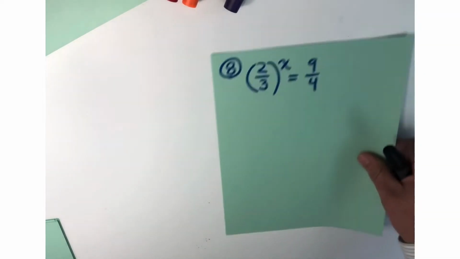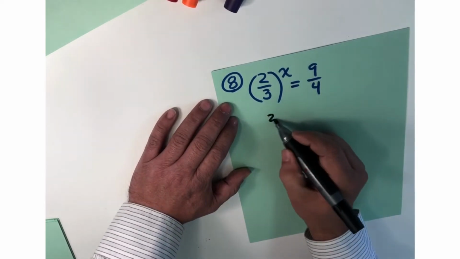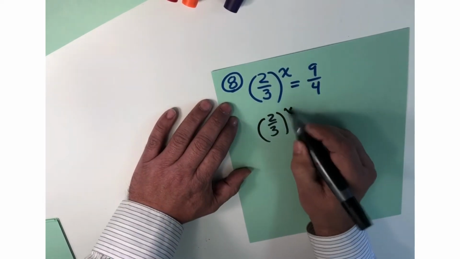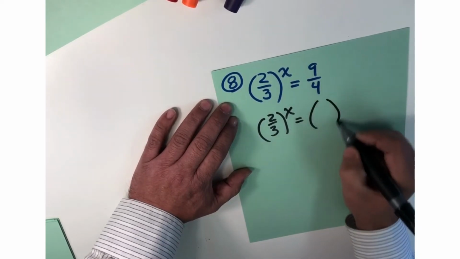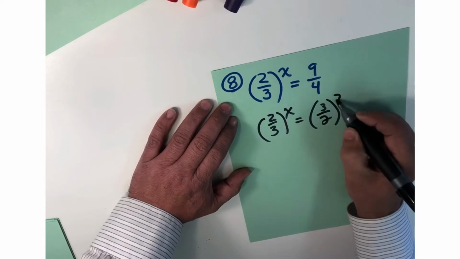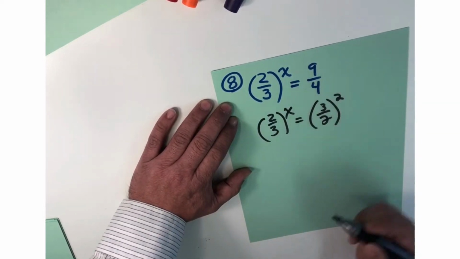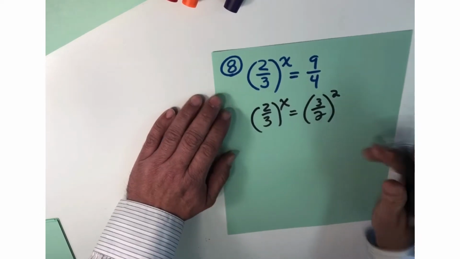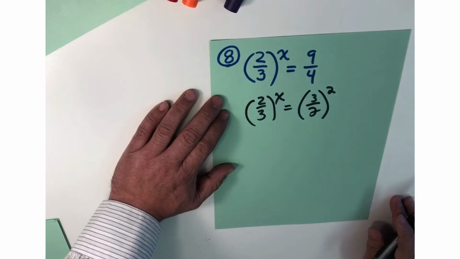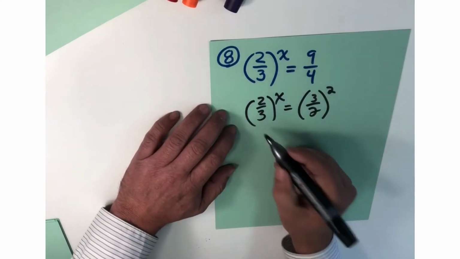Okay. One more, number 8 here, that has a fraction on it. And what you're going to see is that there is absolutely nothing you can do with 2/3. However, this here is 3/2 squared. You see, 3 squared is 9 and 2 squared is 4. But this is 2/3. This is 3/2. That's not the same. But if I put a negative exponent, that'll mean these guys will switch around.